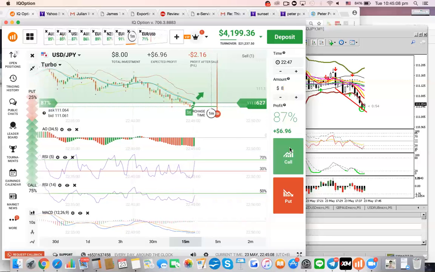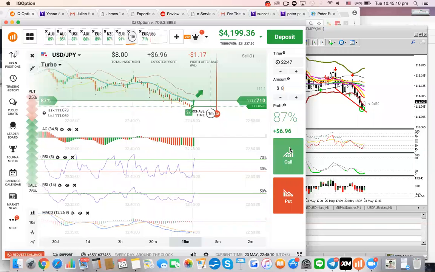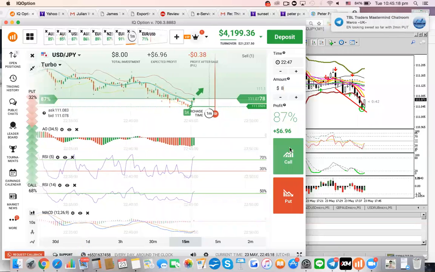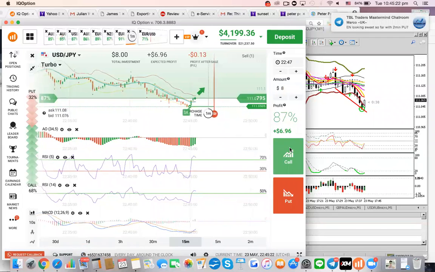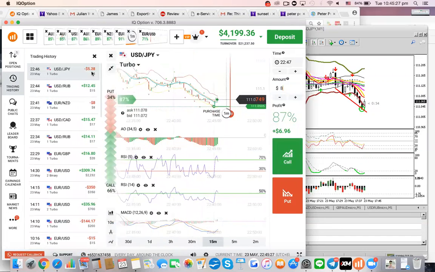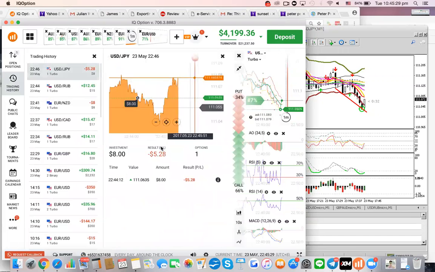Anything above the 4,200 for me is money available, it's reinvestable, so I'm going to keep it above that. Actually, maybe even the early one would be okay. Yeah, the early one would be okay as well.